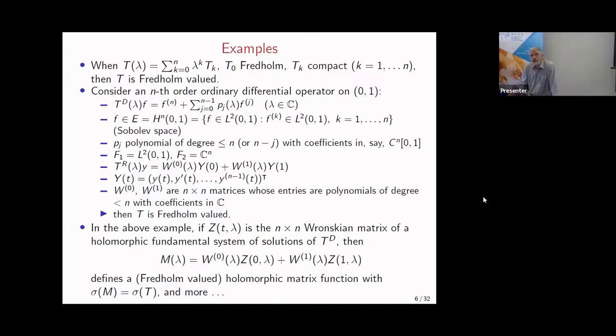F1 is the range space of the differential operator, which is L2(0,1). F2 is the range of the boundary conditions, which can be written as T_R of lambda y equals W0 of lambda Y0 plus W1 of lambda Y1.